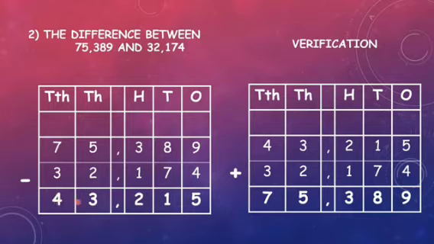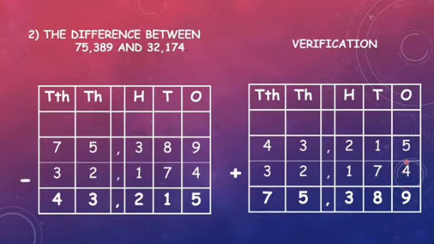Now to verify whether this answer 43,215 is right, I need to add both of these, the difference and the subtrahend. So verification, again I place them in the place value chart. Now I write the difference here, 43,215 plus 32,174 should give me the minuend.